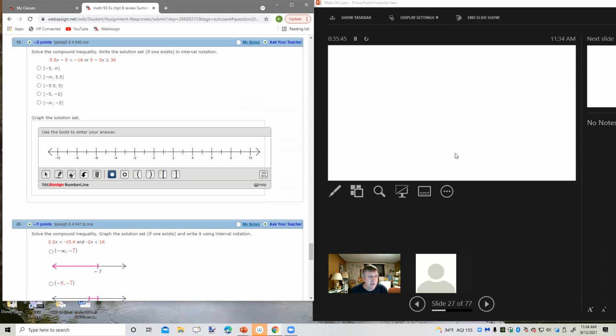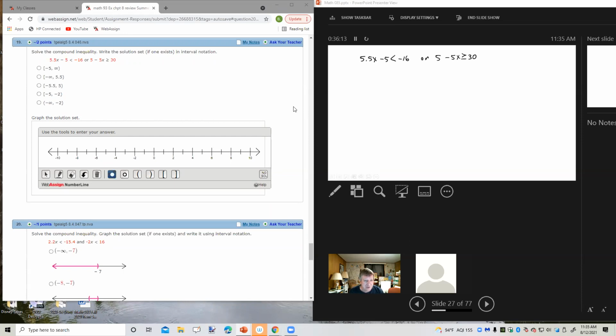Solve the compound inequality. Write the solution set if one exists in interval notation. So 5.5x minus 5 less than -16, or 5 minus 5x greater than or equal to 30. The reason I hesitated there is, remember before I had a problem with decimals and I got rid of them?